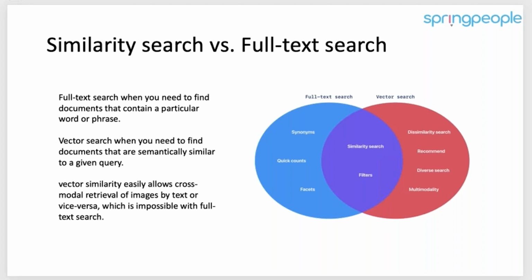And when you do a similarity search, it's all about a probabilistic query, and that should help you get the whole picture. And vector similarity easily allows for cross-modal search, as I said, could be images, text, everything put together.